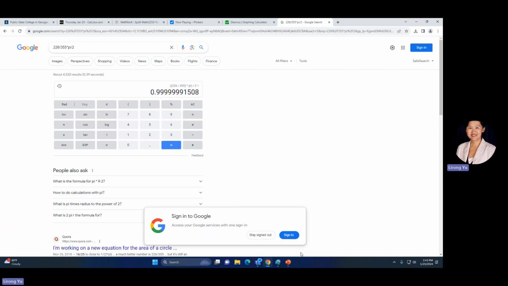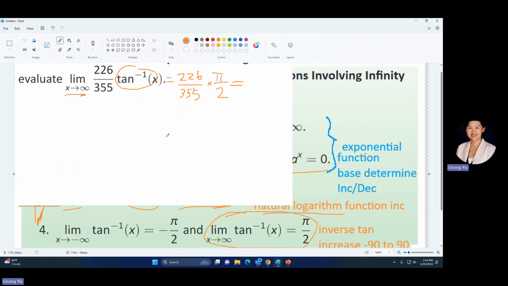So if you are using the numerical number to figure out the answer, for example, let's say we use our calculator and we want to have x go to infinity. We can do 226 over 355.